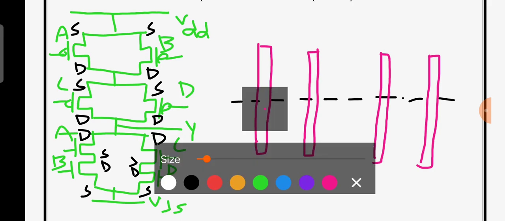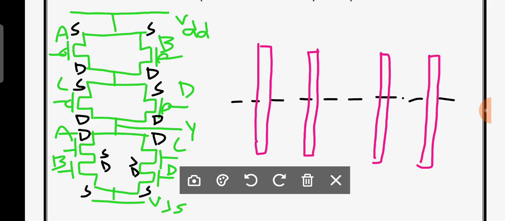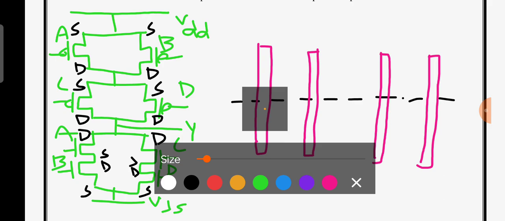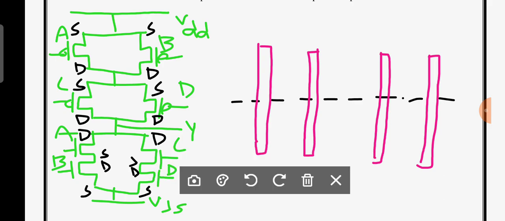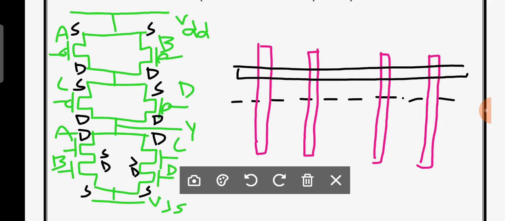Now I'm going to cross the diffusion. I will use a different color because it is not that effectively appearing, so I will use black. Now you can observe that. This is polysilicon. But I said to break the continuity.